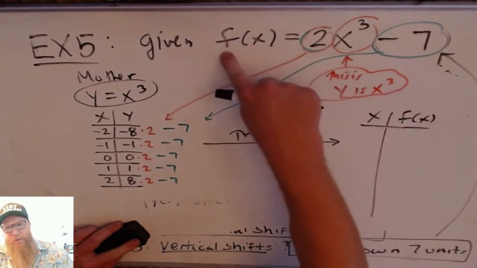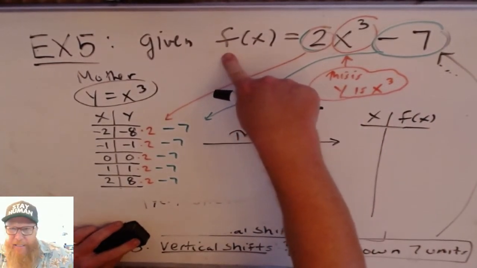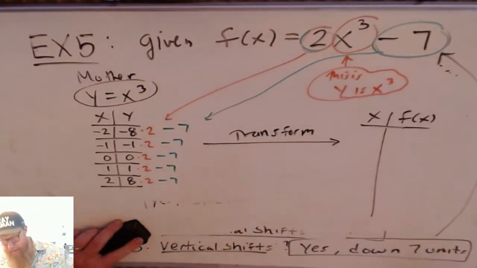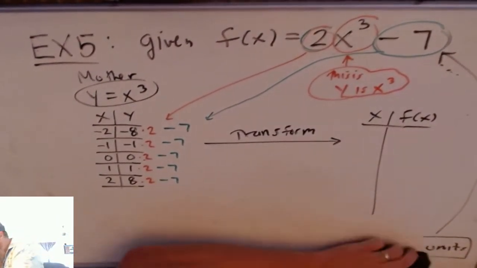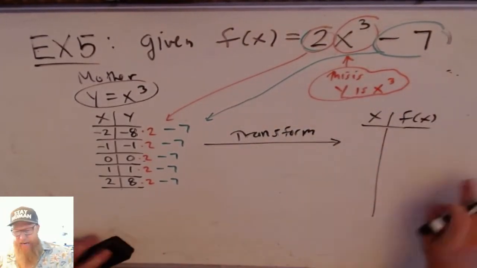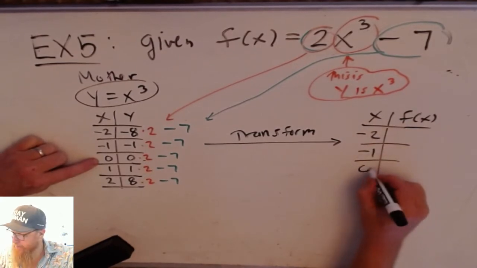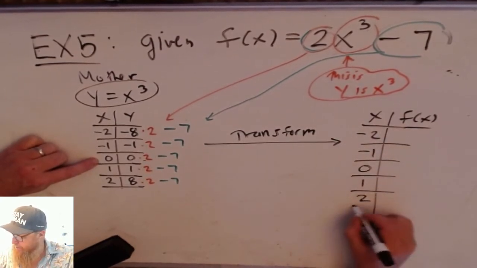I like to use the name that was given in the problem. So if the problem tells me it's f, then I'm going to call that f. The x's are going to stay the same: -2, -1, 0, 1, and 2.